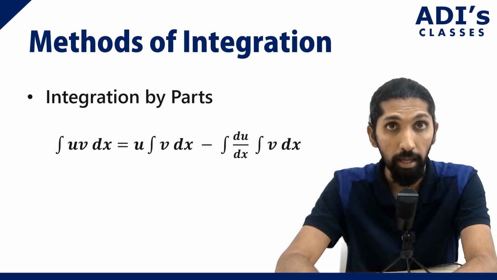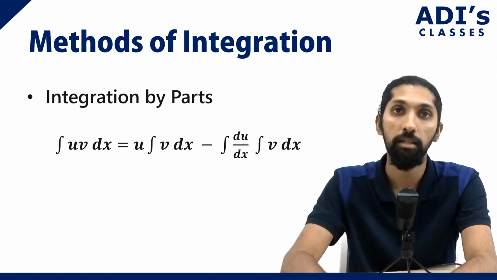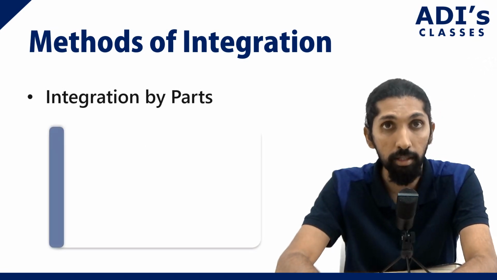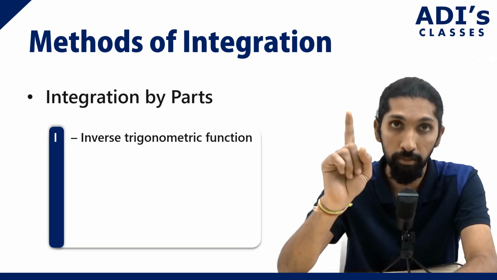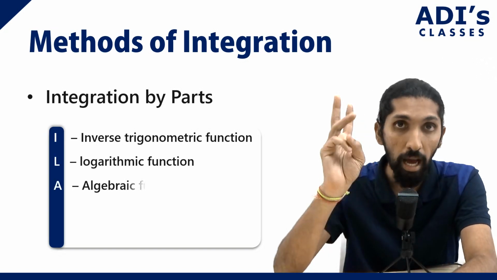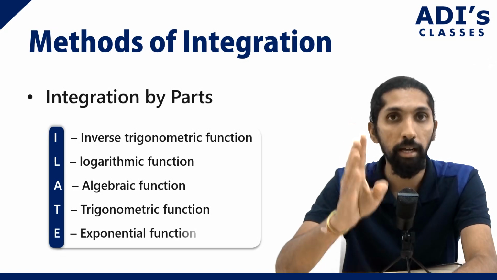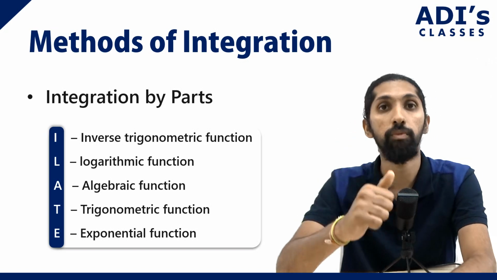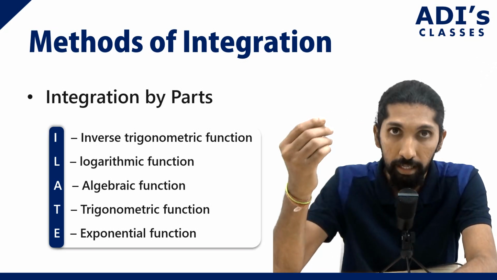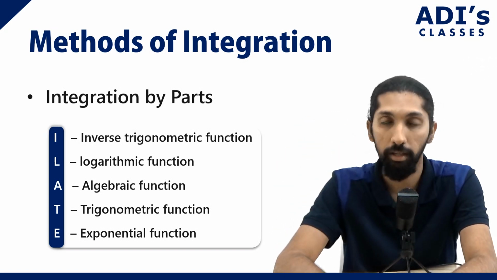This is the formula. And what is the rule, the precedence? We have to start from the inverse functions first. Remember, I laid out inverse, log, algebraic, trigonometric, and exponential, correct? This is the precedence in which we are going to integrate the function, correct?